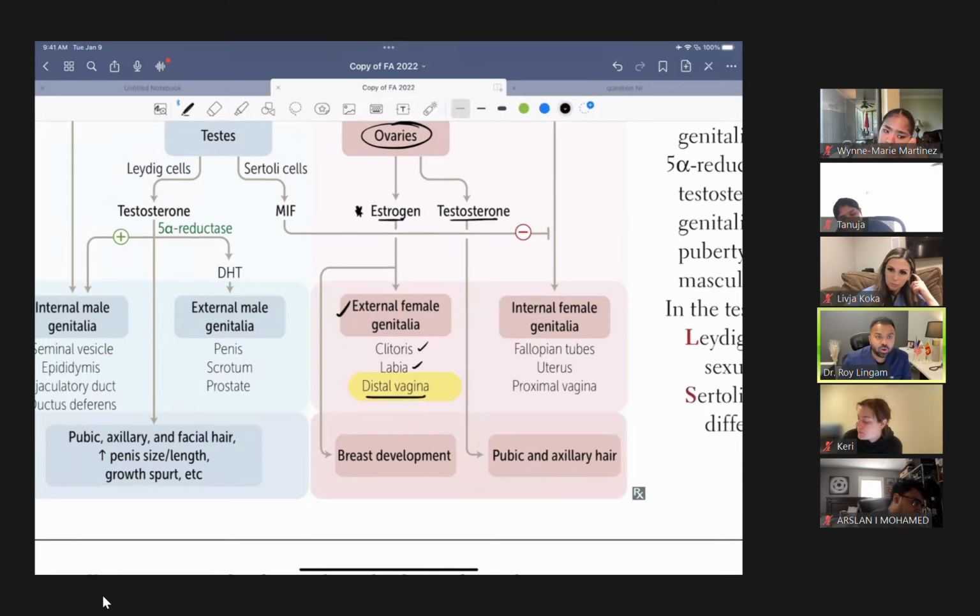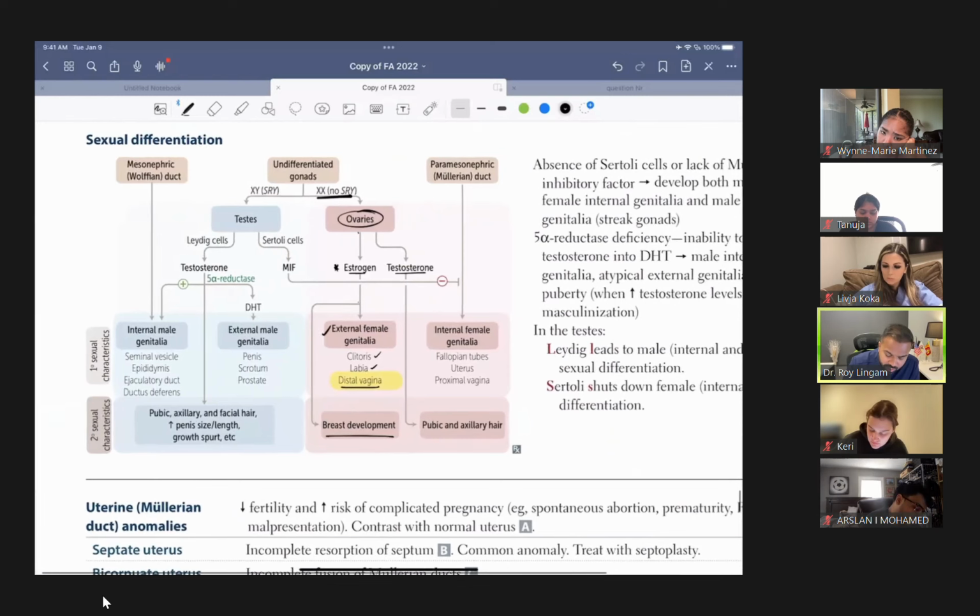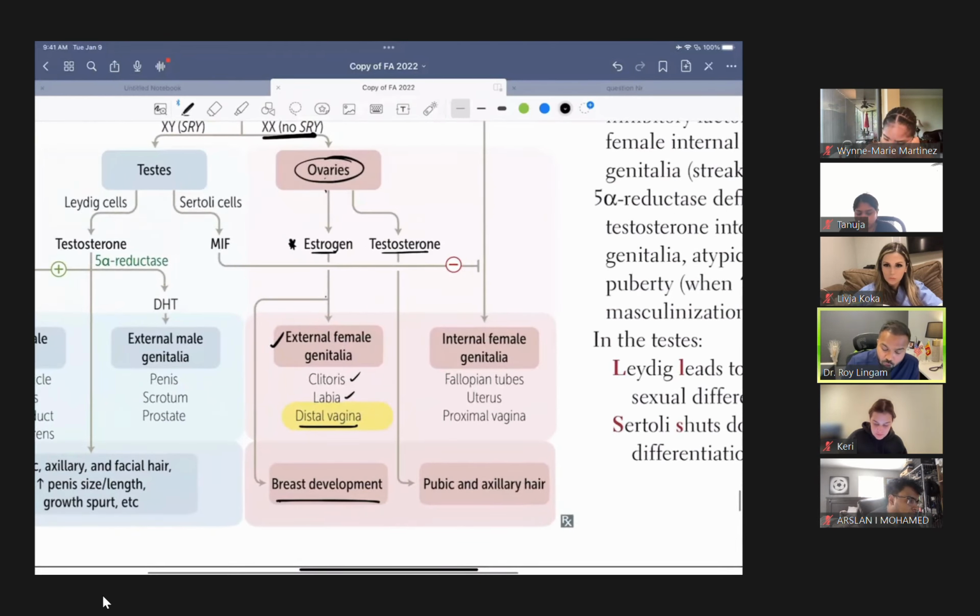Only the distal part comes from estrogen, technically from ovary. Is everybody clear, folks? I know the estrogen is also responsible for breast development. These are secondary sexual characteristics. We'll come to that a little later. So ovary produces estrogen. Estrogen stimulates external female genitalia.